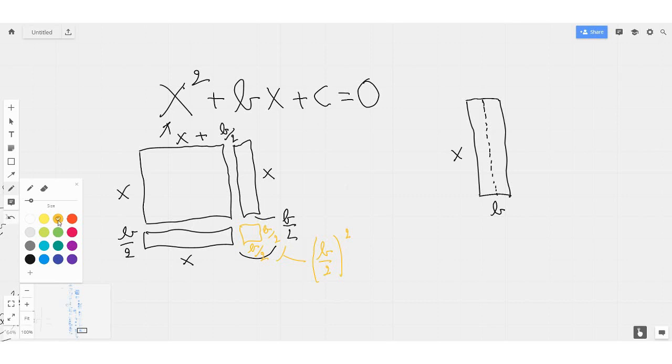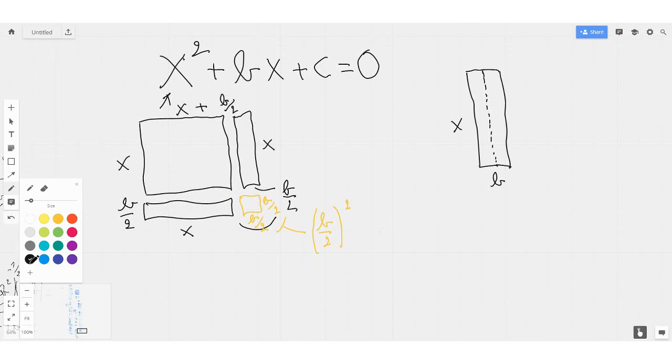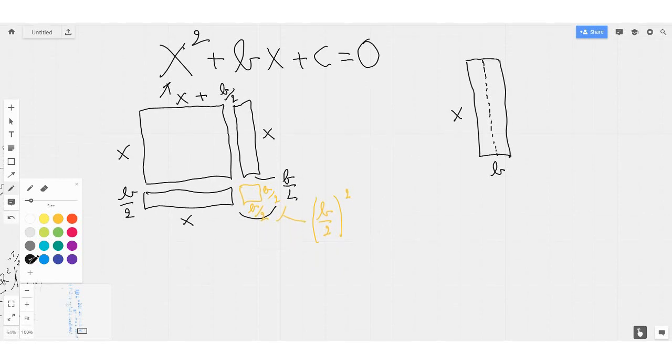So that means now, how can we complete the square? I'll rewrite the equation here. We have x squared plus bx plus what?